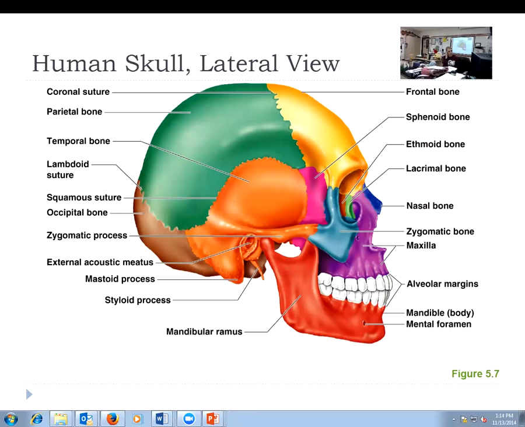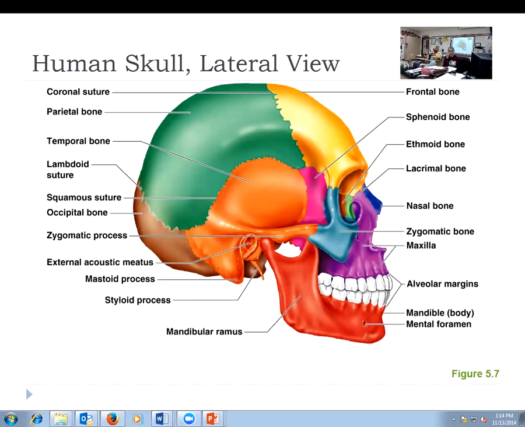You actually have several bones that kind of meet up in that area. But the sphenoid bone is actually easier to see in one of these other pictures. On here, it's that pinkish color. The ethmoid bone is kind of square shaped, and we'll be able to see it better whenever we get to a different view. Lacrimal.